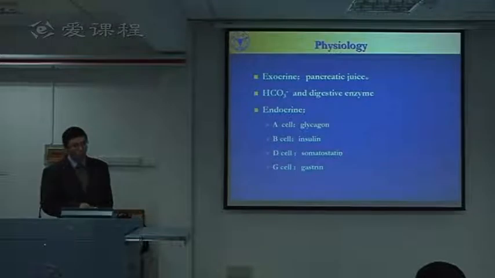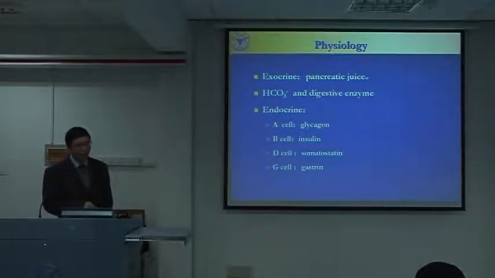About the endocrine part, we all know the pancreas has islet cells. In the islets there are many kinds of cells, such as A cells, beta cells, D cells, and G cells. Every cell type in the islet produces different hormones.